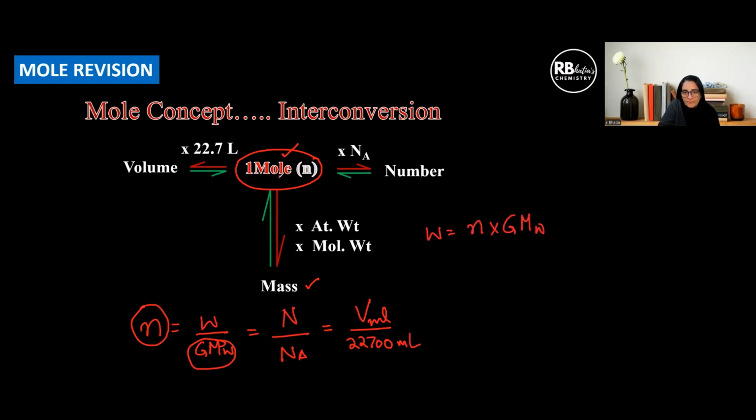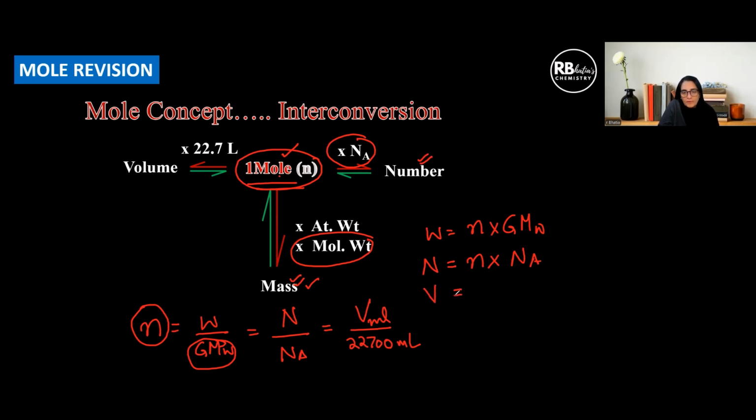So I'm going to multiply number of moles with gram molecular mass to get mass. Similarly, if I want to know number of molecules, I'm going to multiply number of moles with Avogadro number.